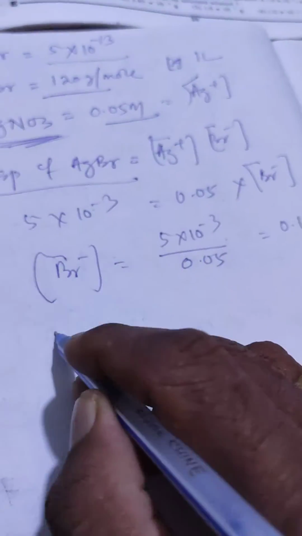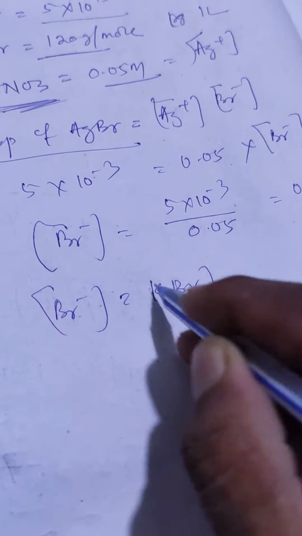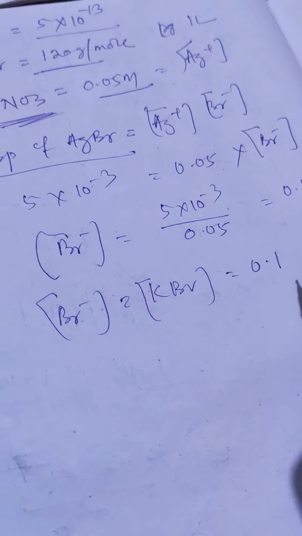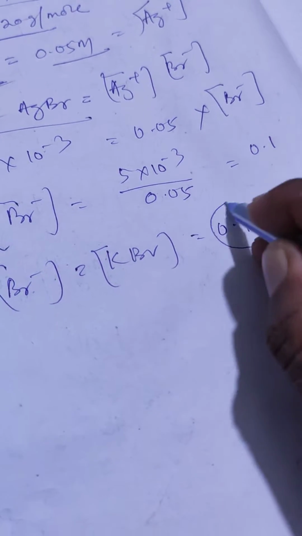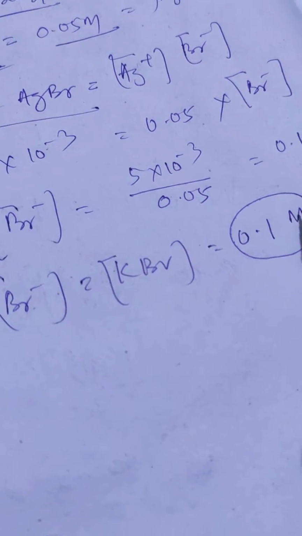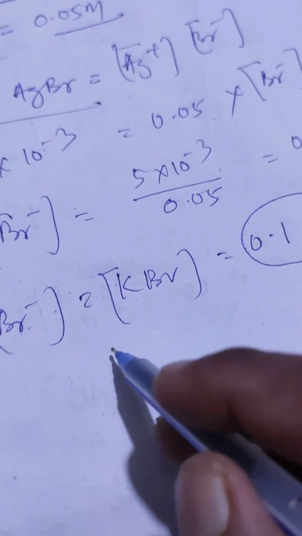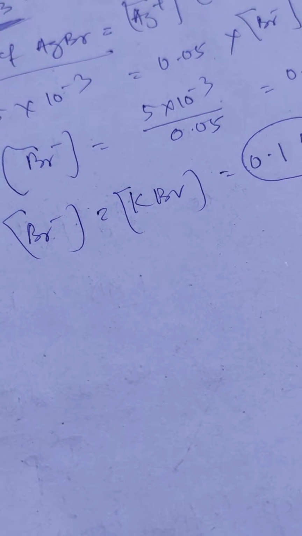So that means the Br minus concentration is nothing but the KBr concentration, and the KBr concentration is 0.1 M. So if it is 0.1 M, in 1 liter of solution how much has to be added?